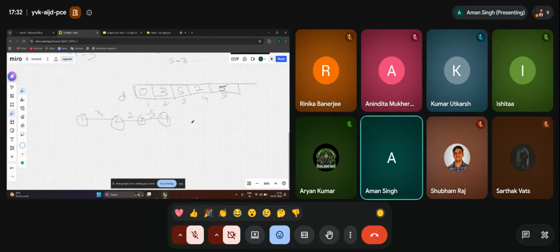Suppose the edges are given like this: the first edge is given as 1 to 2 comma 3. Okay, and the second edge is given here.